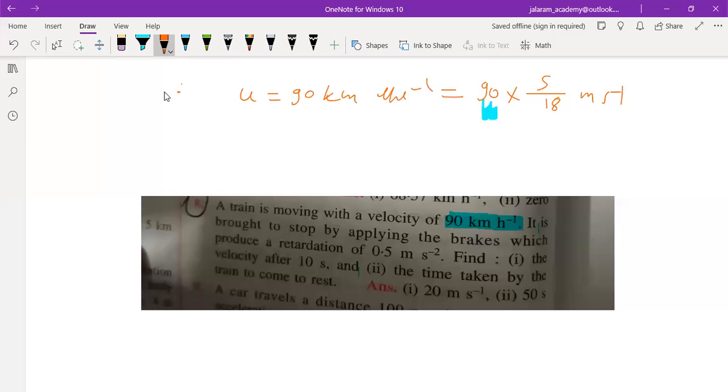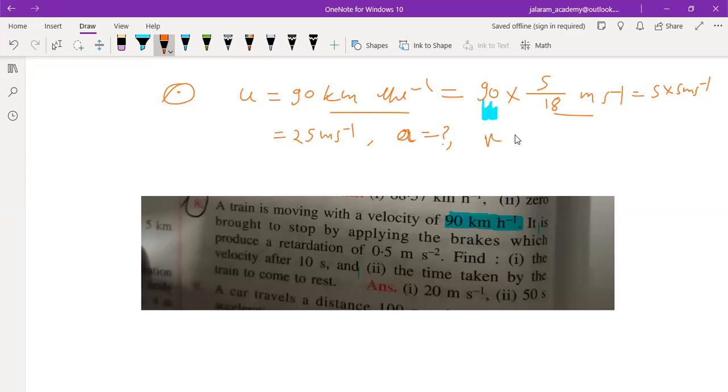In this question, if the speed is given in kilometer per hour, to change it to meter per second, you should multiply by 5 by 18. 18 5s are 90, 5 into 5, that is equal to 25 meter per second. And then brakes are applied, so retardation, that is negative acceleration, will be there.